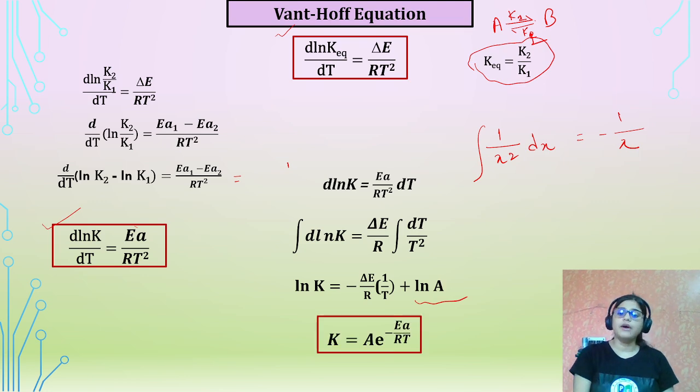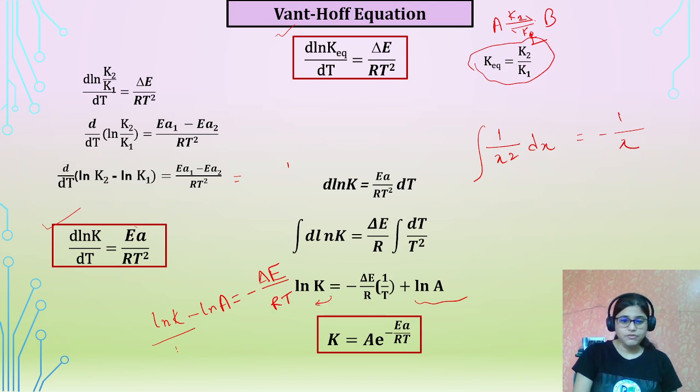Fine. Now we can write, I am simplifying the form: ln k minus ln A equal to minus delta E by RT. Okay, from the properties of ln, we can write ln k by A will be equal to minus delta E by RT, right?